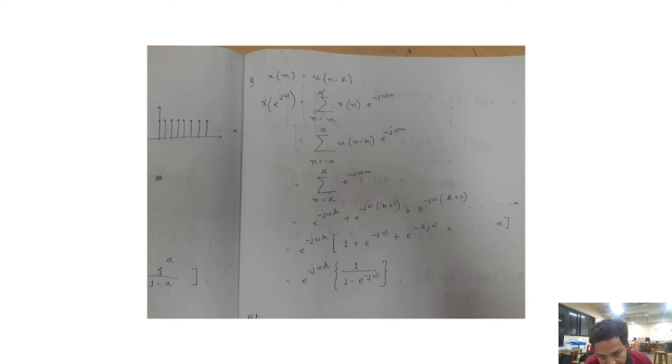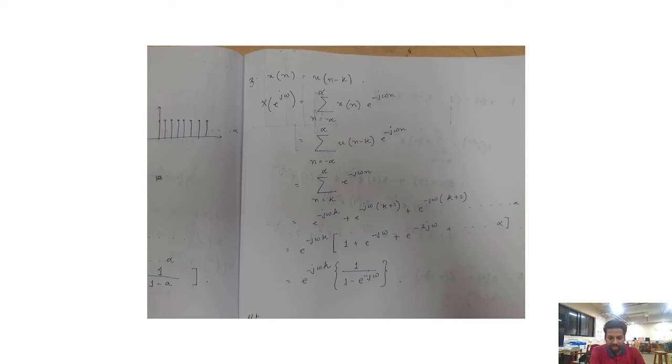So changing the limit, we have the sum from n equal to k to infinity of e^{-jωn}. Now putting in the values, we have e^{-jωk} plus e^{-jω(k+1)}, e^{-jω(k+2)}, till infinity. Now take e^{-jωk} common, and we have 1 + e^{-jω} + e^{-2jω} + ... till infinity.